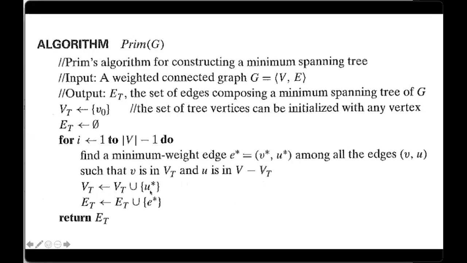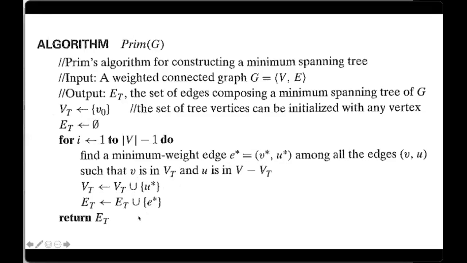What we'll do is VT union this U star, we'll add it to that vertex set. V star was already present in VT, so U star we'll add to the set VT. And then the edge set is ET union E star. This minimum weighted edge, whatever you found, we'll add it to the edge set.